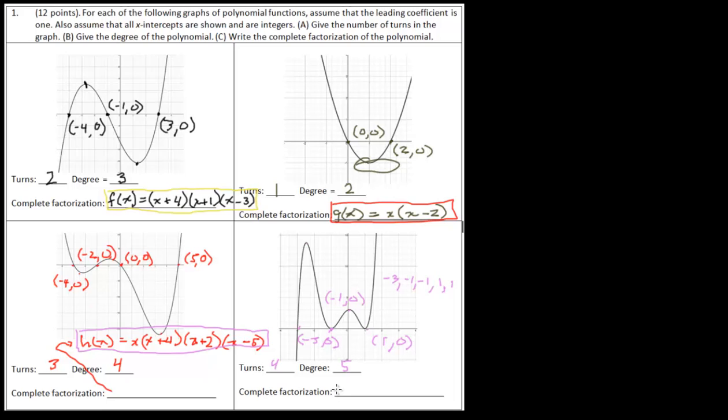So when I write the complete factorization, let's call this one P of x. Give it a new name. We do have the factor, and this line goes right across the x-axis, so it has a multiplicity of 1. There's only 1 zero here, x plus 3.